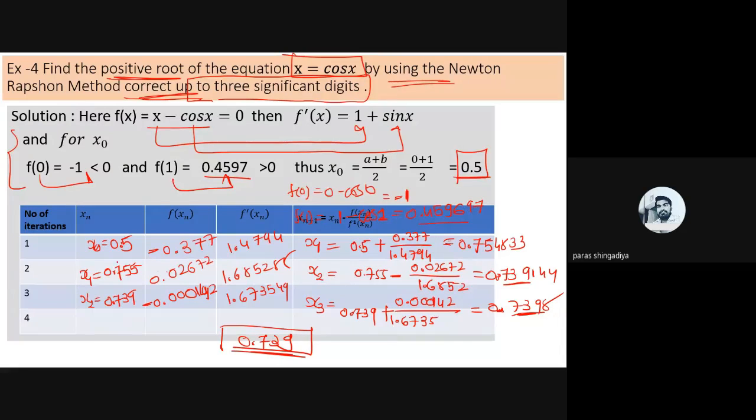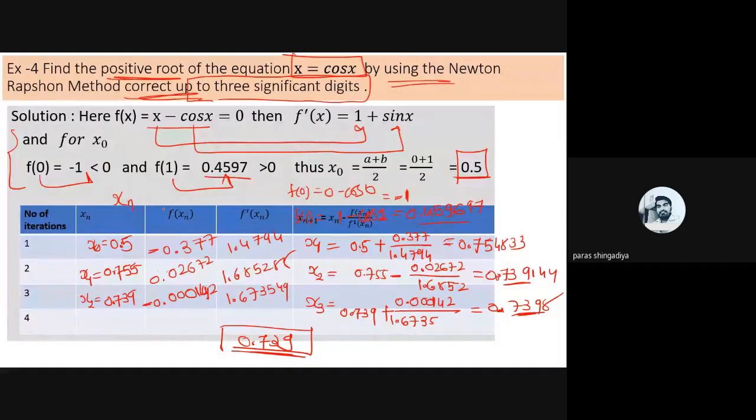Now, from where do we take xn? That is the general form of xn, and we just put n equal to 0, 1, 2, 3 and so on in this formula.